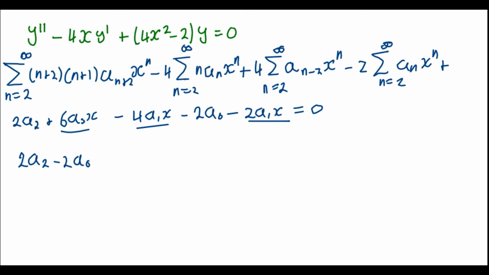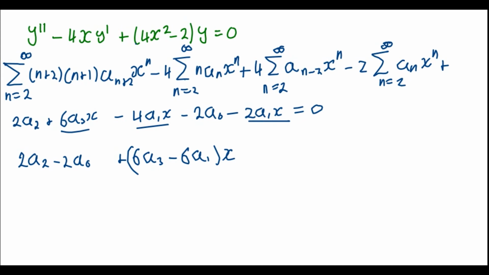Then for these that have x's, this is going to be plus 6a sub 3 x. Actually I can factor out the x, so you observe this is minus 4 and minus 2 there. Since this is a sub 1 and a sub 1, they are like terms, you can add them. So that's going to be minus 6a sub 1. Then I can put x there like that.